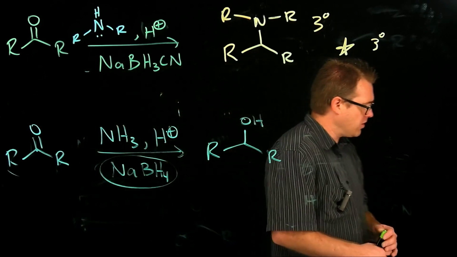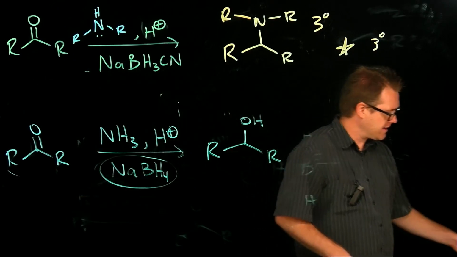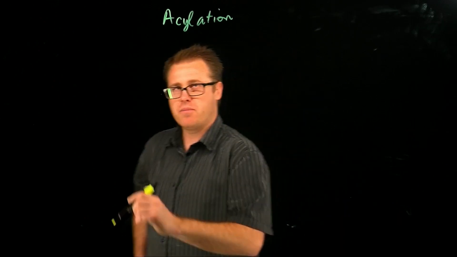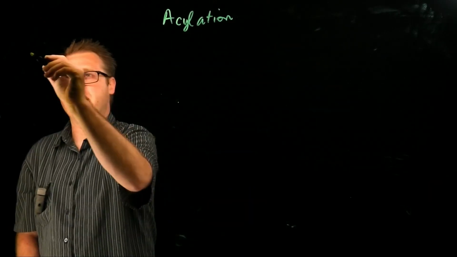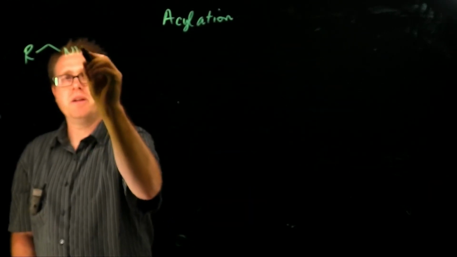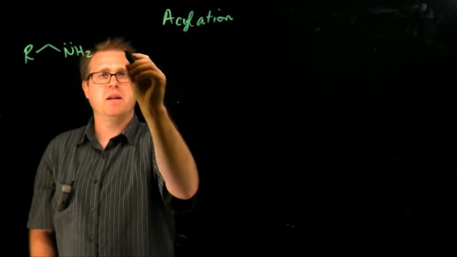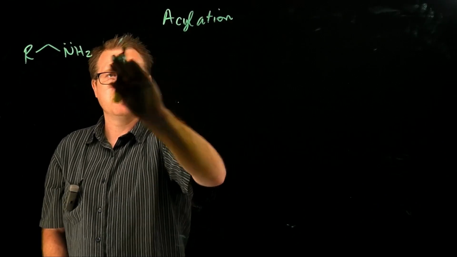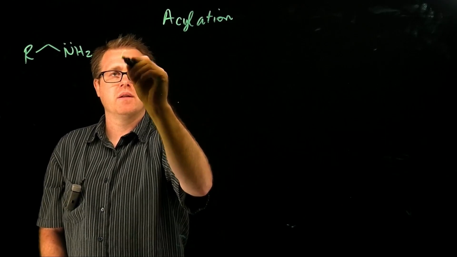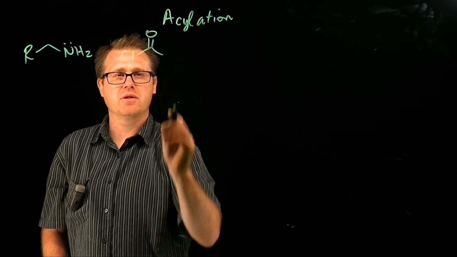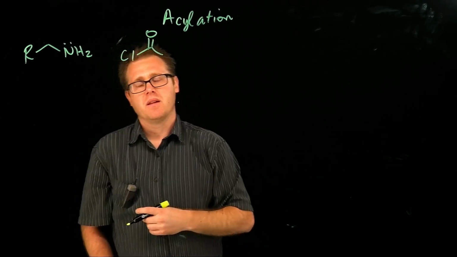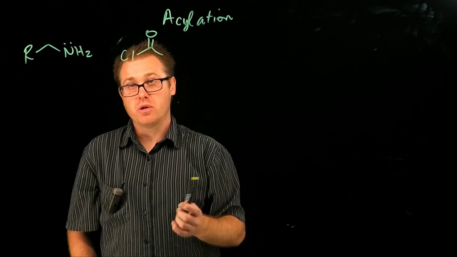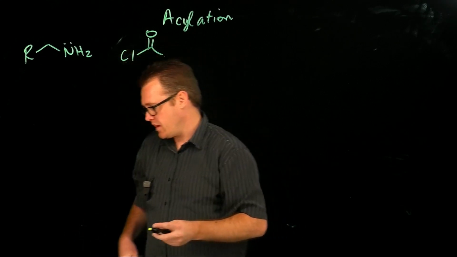Okay, so let's clean up this board so we can start talking about the next topic. Now, we have already previously discussed this concept of acylation, where if we take an amine and treat it with, let's say, Cl, like an acid chloride like this, and you see that we have what? 2 carbons. Okay.